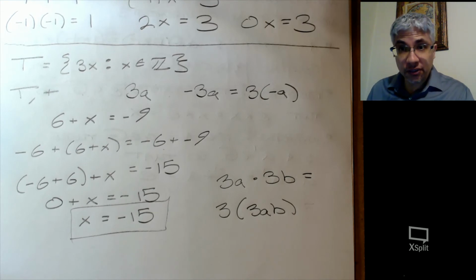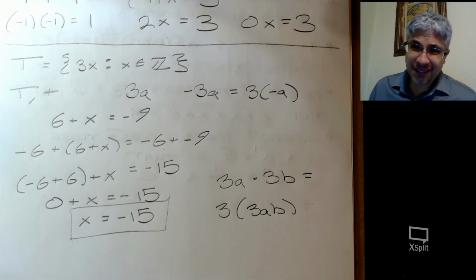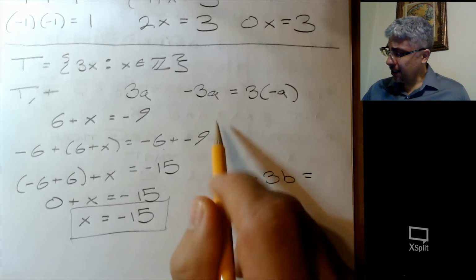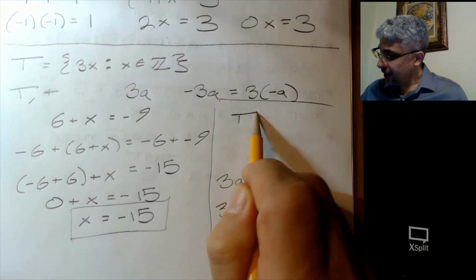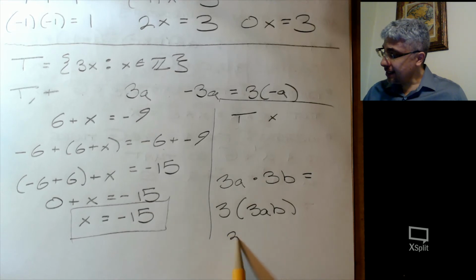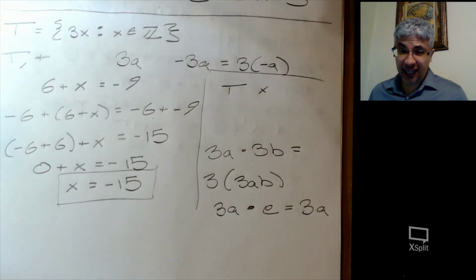Multiplication would also be associative, but we have a few problems. Not only do we not have inverses, we don't have an identity under multiplication, right? So if we wanted to take this set T under multiplication, what would our identity be? We'd need something such that 3a times this identity has to be 3a for any a.